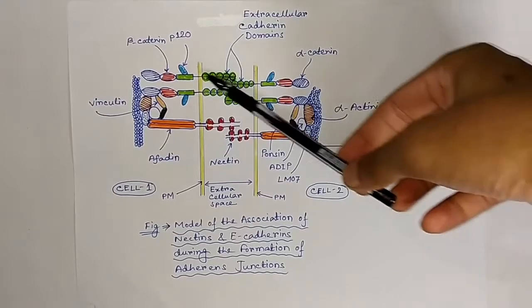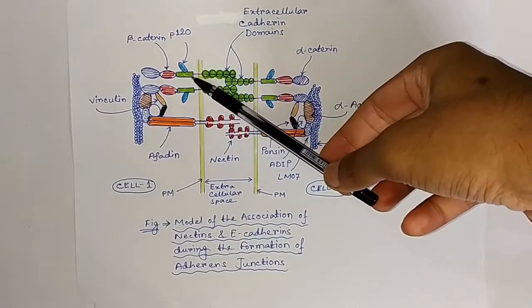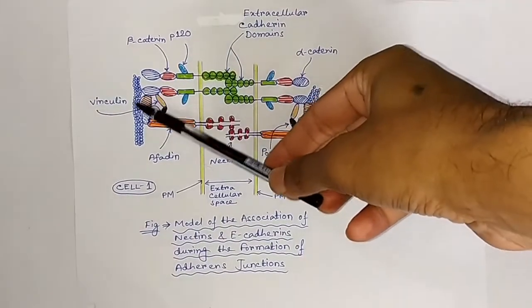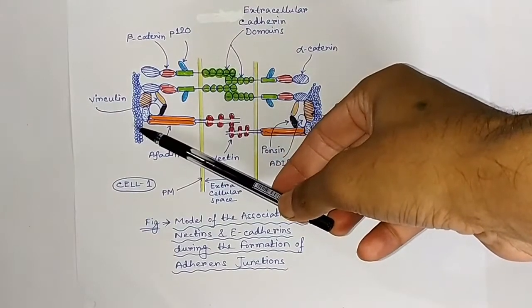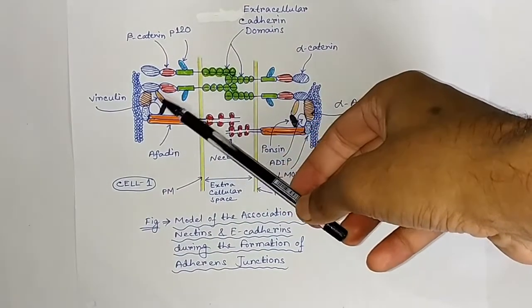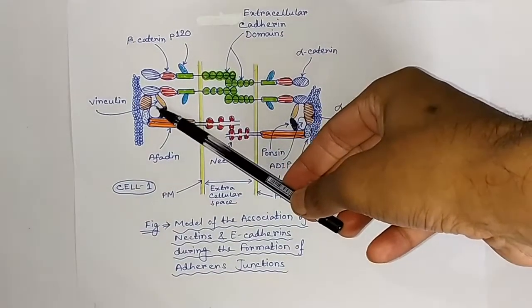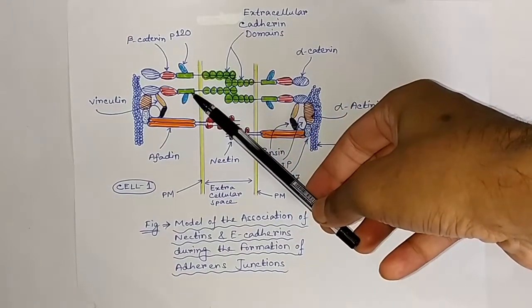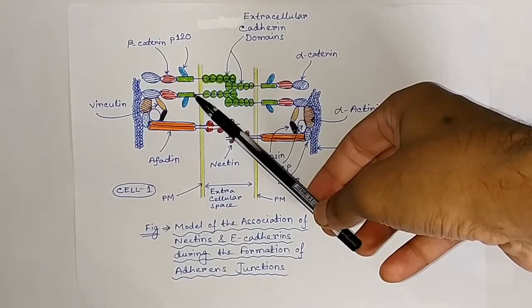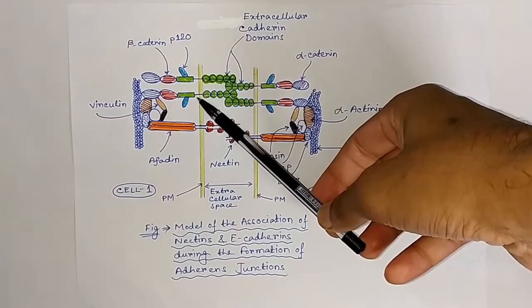The intracellular domains interact with filaments of the cytoskeleton actin. These cytoskeletal linkages are essential for efficient cell-cell adhesion because cadherins that lack their cytoplasmic domains cannot stably hold cells together.